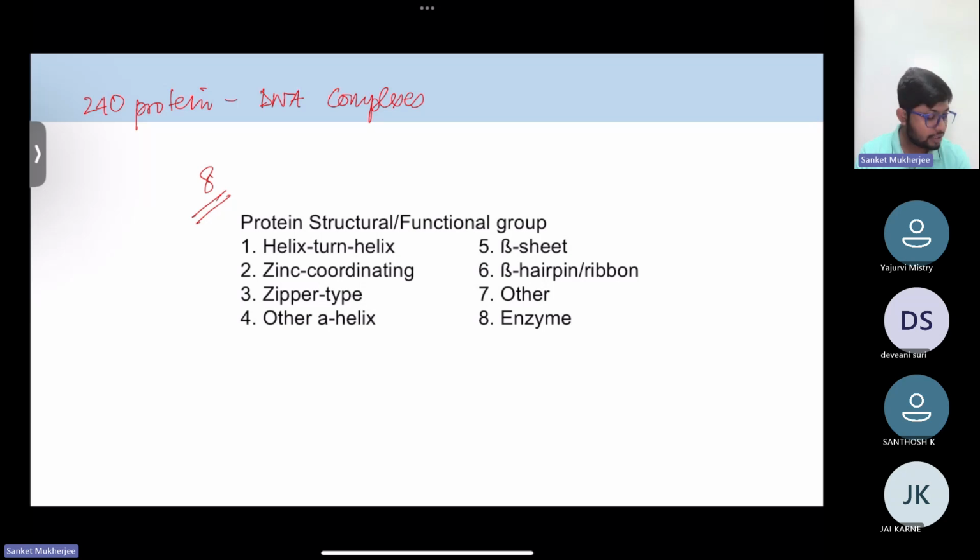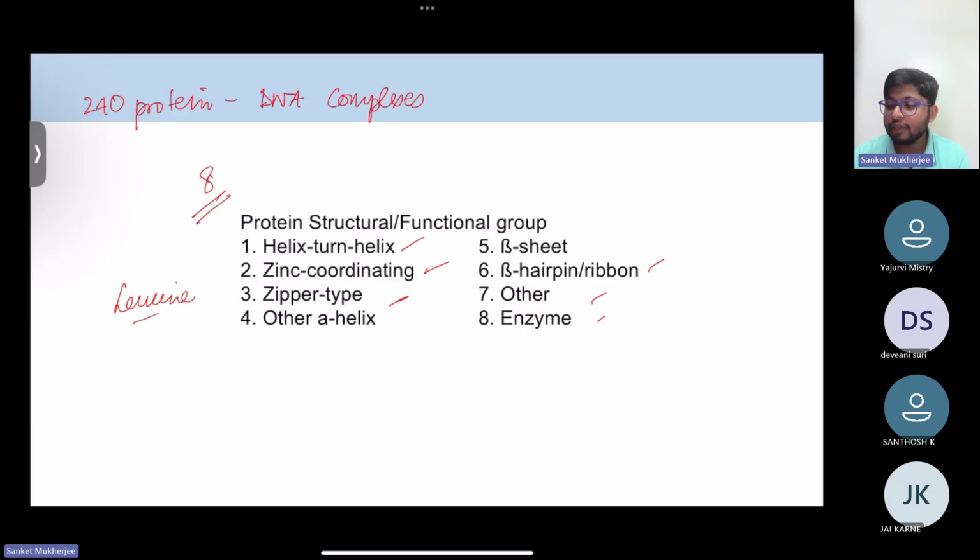These are the groups: helix turn helix, zinc coordinating group, zipper type group, which is also called leucine zipper group, then other alpha helix, beta sheet, beta hairpin or ribbon. There are others, and there are some enzymes also.